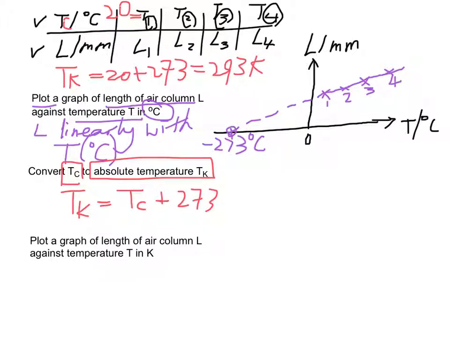After the conversion, we plot a graph of length of air column L against temperature T in Kelvin scale.